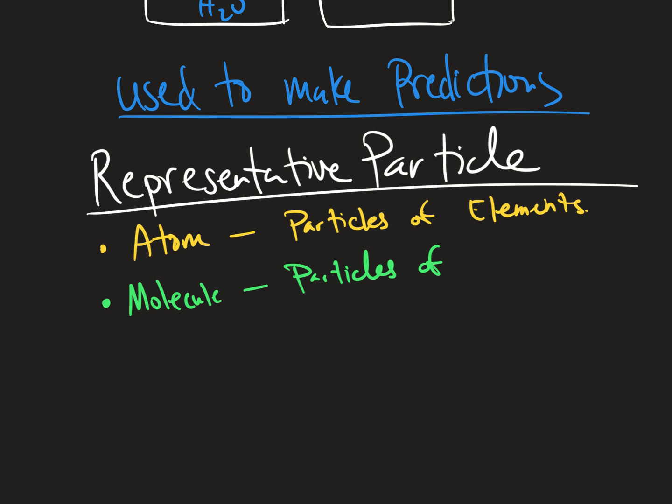So are we okay with just calling all particles of compounds just molecules? Or do you want the real name? Both? Okay. I'll give you the real name, but we'll probably just use molecules. Sound good? Not to fit in with the rest of the world, but we got enough on our plate, right? Okay. So we'll call this covalent compounds.